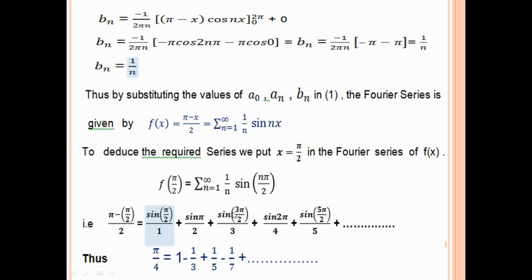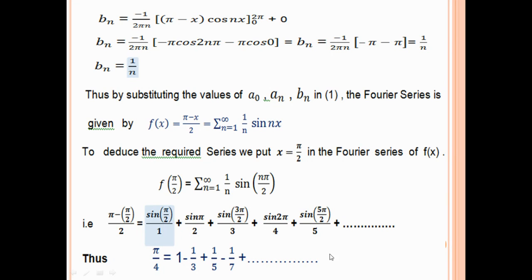Now, this is equal to sin pi by 2 divided by 1, plus sin 2 pi divided by 2, plus sin 3 pi divided by 2, plus sin 4 pi divided by 2, plus sin 5 pi divided by 2 and so on, whole divided by 2, which is pi by 4. When we solve this one, we get pi by 4 is equal to 1, since sin pi by 2 is 1, minus, this value is 0, and it will be 1 by 3, plus again this value is 0, this is 1 by 5.